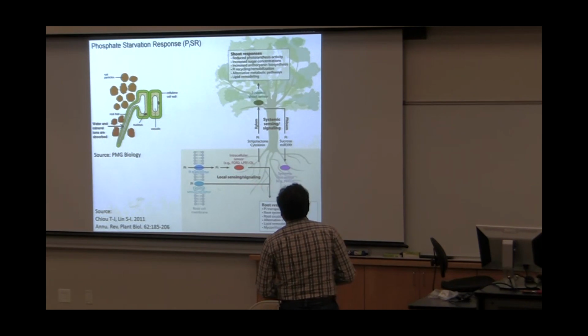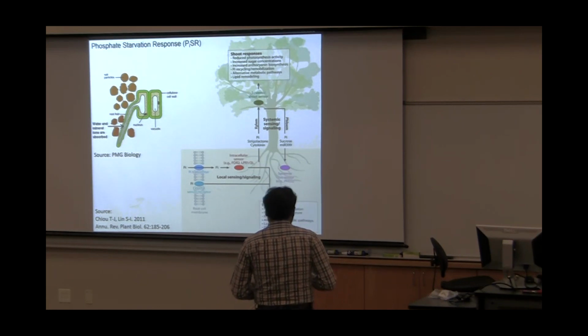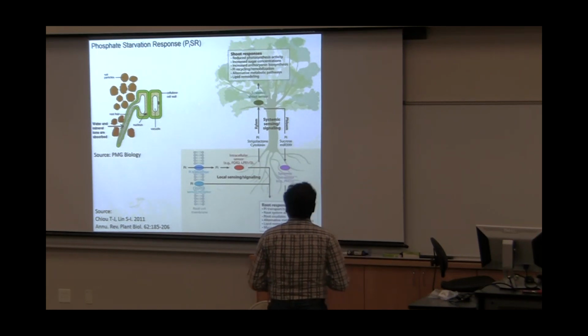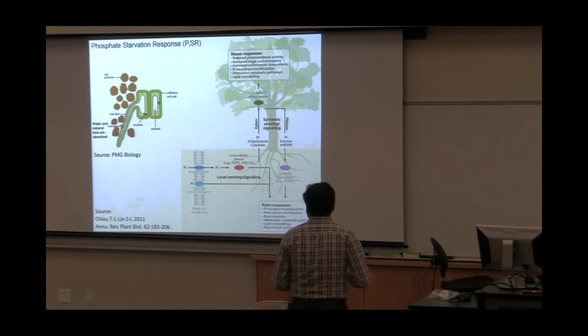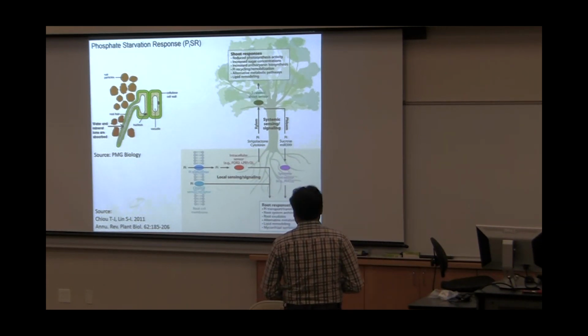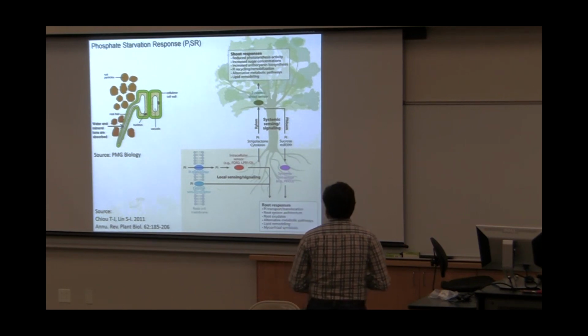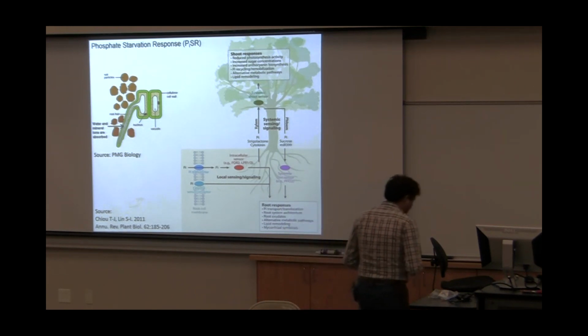So the root exerts the local phosphate response, local sensing, and the shoot controls the systemic sensing of phosphate. There are some typical responses in root, like root system architecture and root exudates. In shoot, the responses are reduced photosynthetic activity, increased sugar content, increased anthocyanin biosynthesis, and phosphate recycling and mobilization.